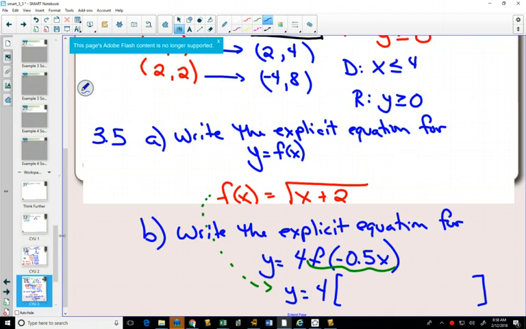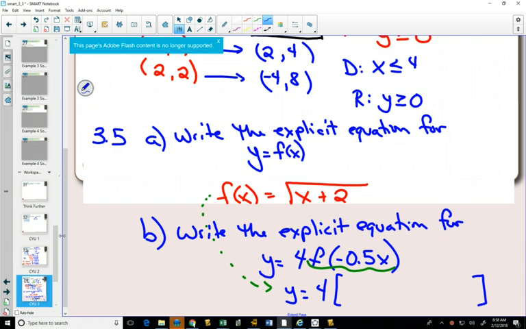So if I asked you to do f of 6, you'd plug in 6 for x, right? If I asked you to do f of 20, you'd plug 20 in for x. I'm asking you now to do f of negative 0.5x. The idea stays the same. You just take that negative 0.5x, whatever's inside the function, and replace that where the x was.